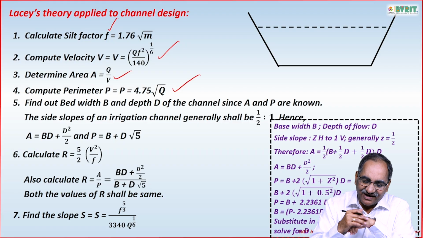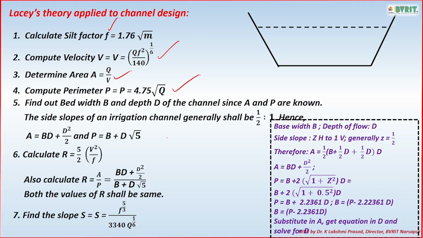Find out B and D. And you know R is equal to 5 by 2 into V square by F, Lacey's equation, and R is also equal to A by P. Do it. Check whether both the solutions are the same. Then finally find out the slope. So these are the steps.